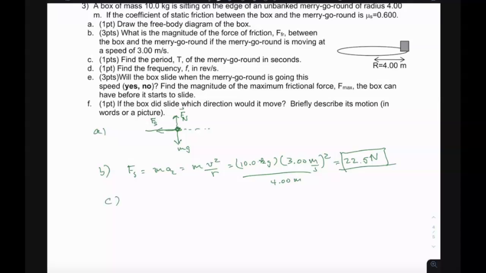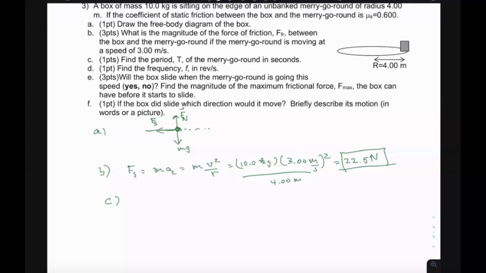Part C, find the period of the merry-go-round. Well, we know the velocity. It's given, and we know the radius.